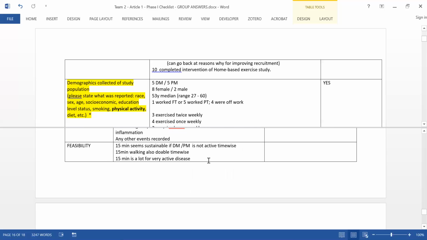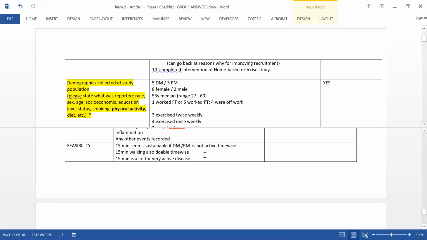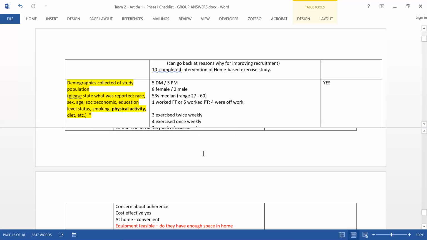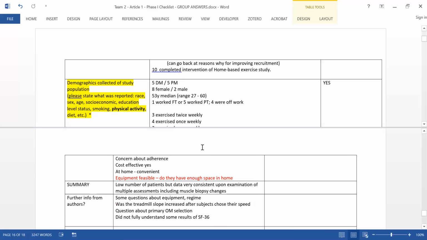So on feasibility, patient research partners agreed that it seemed feasible and sustainable for someone that does not have active myositis. Fifteen minutes walking was also doable. And they felt that the 15 minutes for either walking or the actual exercise was too much for people with active disease.